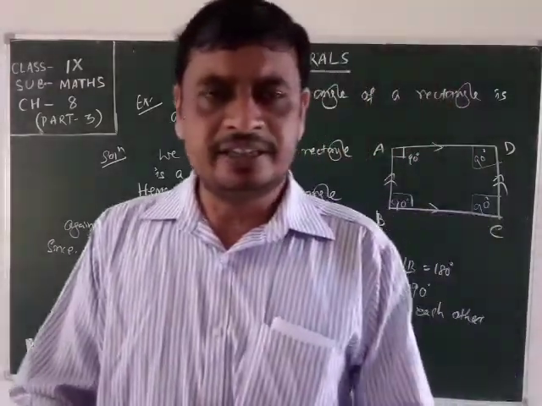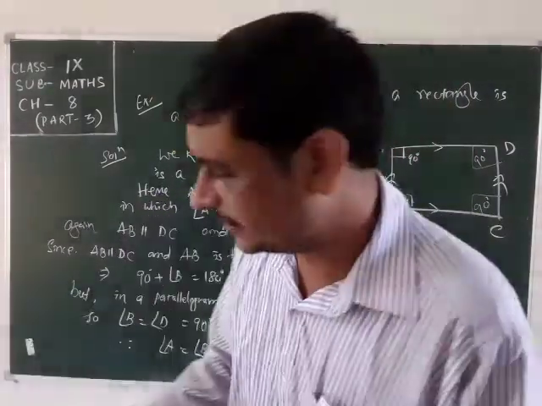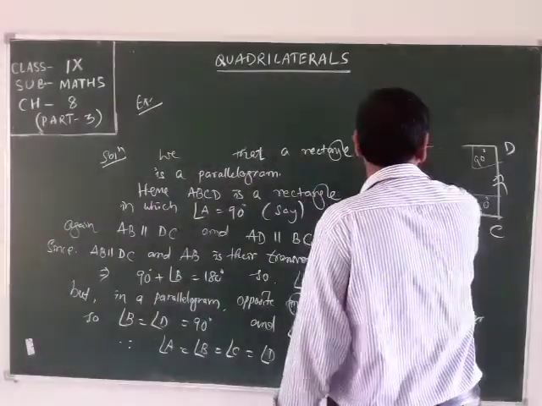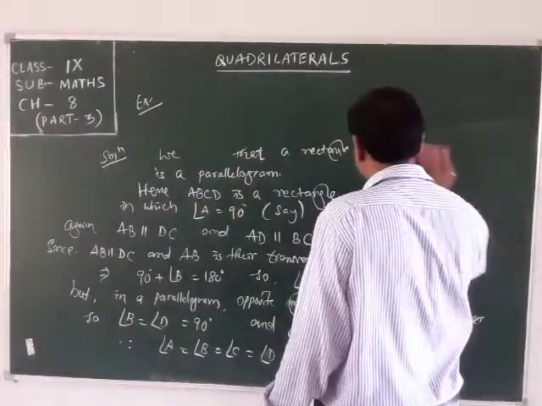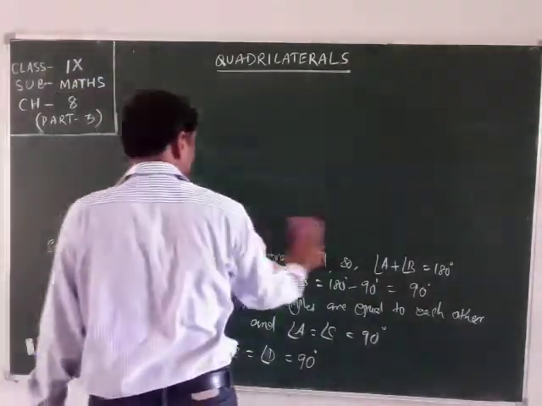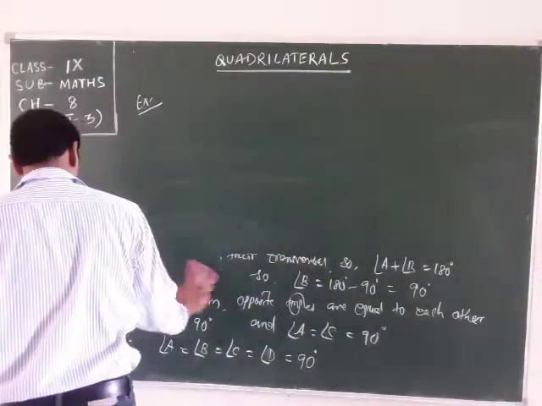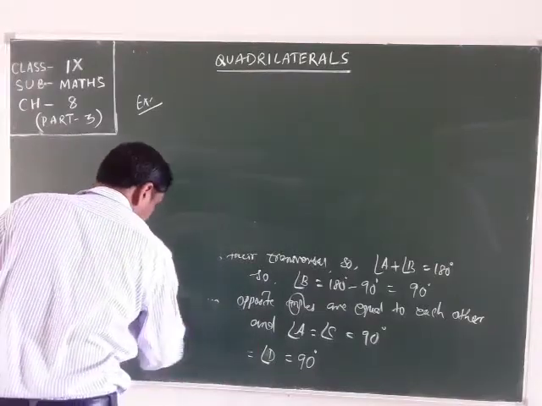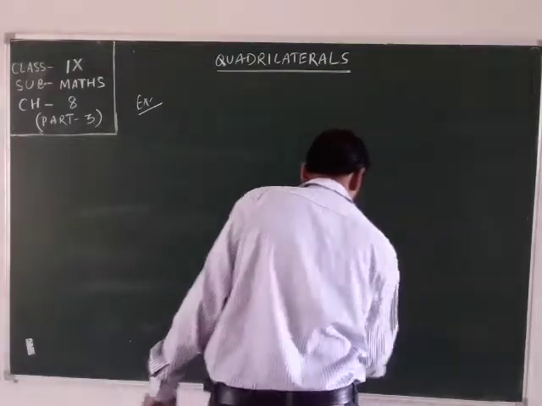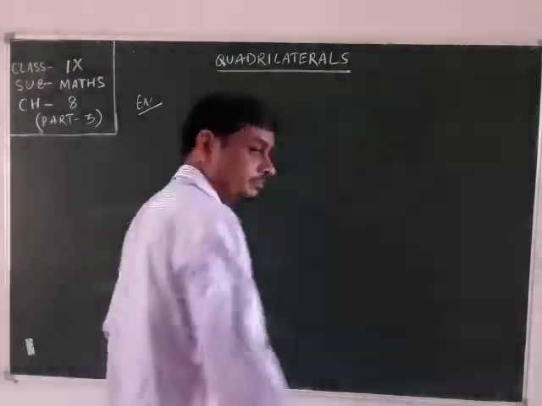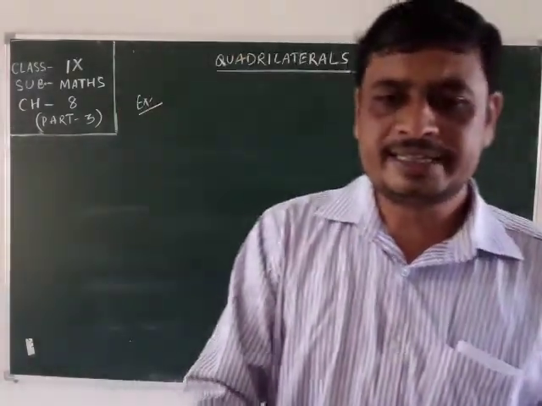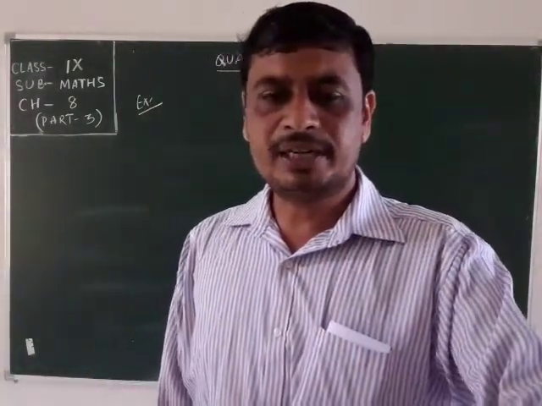Okay, let's do one more example: show that the diagonals of a rhombus are perpendicular to each other.